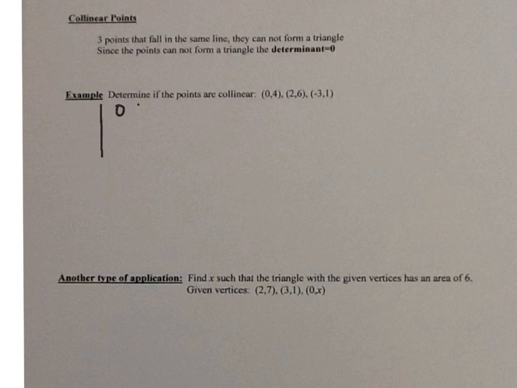So it's 0, 4, 1, 2, 6, 1, negative 3, 1, 1. Okay, so we're going to start with minor 1, 1. So minor 1, 1 would be 6 minus 1, which is 5.